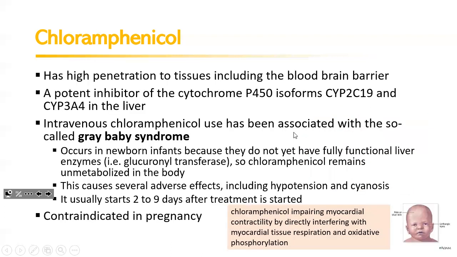It penetrates well into the different tissues, and that's why we use it in meningitis, because of its ability to pass the blood-brain barrier. It's also a potent inhibitor of cytochrome 2C19 and 3A4. Now, which medications does it interact with? Can you name any medications that could interact with 3A4? Erythromycin, yes, from the antimicrobials.